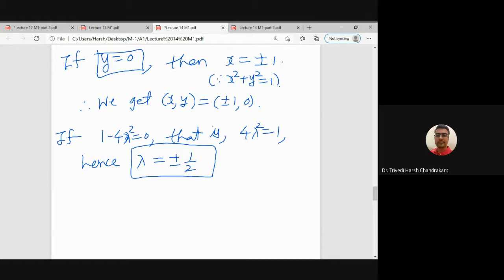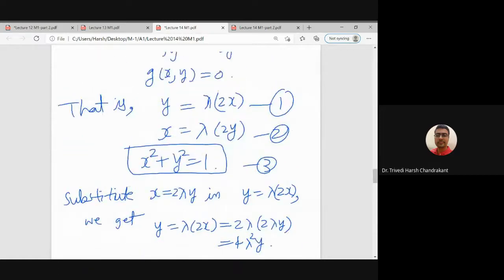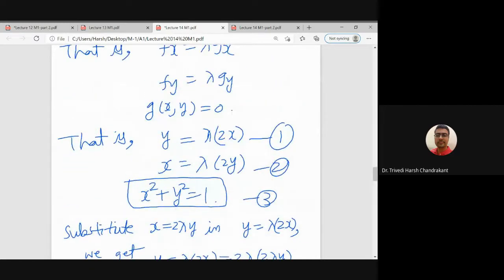So now we know the value of lambda and we have these three equations. If we substitute the value of lambda, then we get some relation between x and y, right? So if lambda is plus or minus half, then we get y to be plus or minus half times 2x.